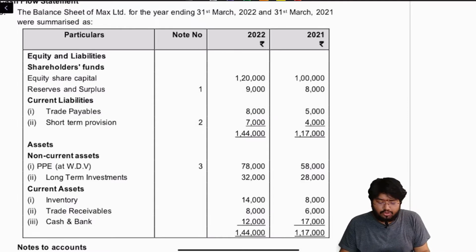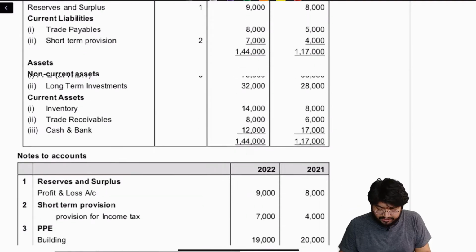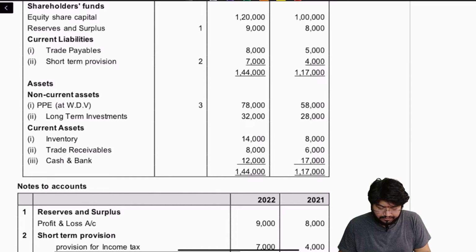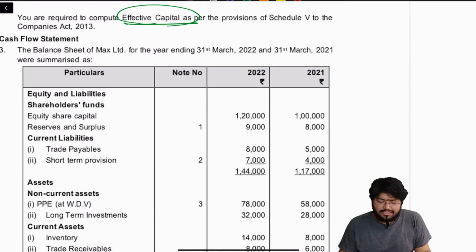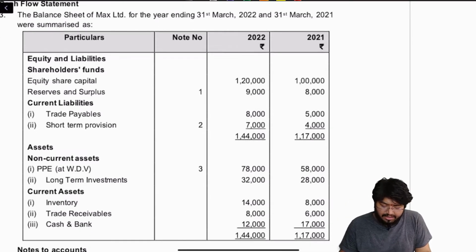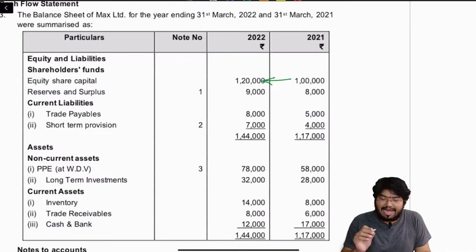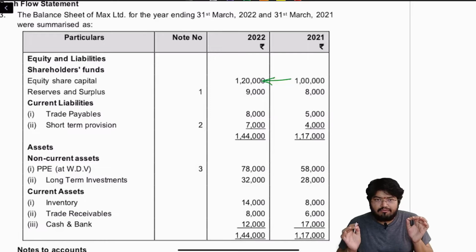So I'll read through the cash flow statement question. Please see. The balance sheet of Max Limited for the year ended 31st March 22 and 31st March 21 were summarized as follows. Equity share capital, it increased from 1 lakh to 1 lakh 20,000. As you read, please note, when you are in examination environment, you will not find time. This is something which I always tell you in the classroom.